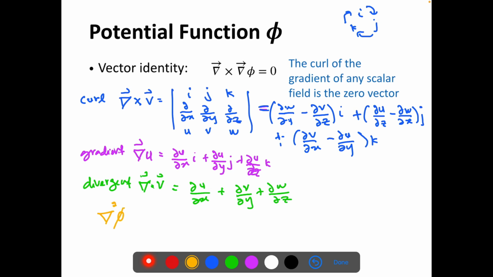If you have nabla squared acting on V or U, you should have del squared U over del X squared plus del squared U over del Y squared plus del squared U over del Z squared. So this one we call the Laplacian. So these four identities are useful in this topic.